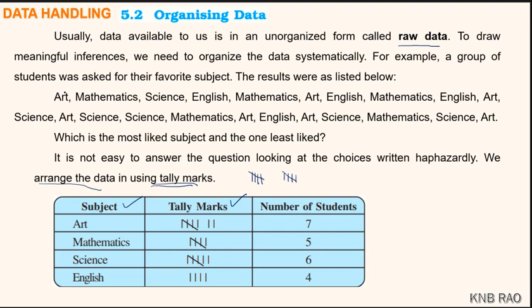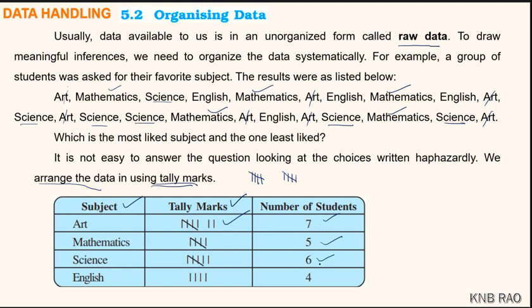Here art is liked by 1, 2, 3, 4, 5, 6, 7. So total 7 tally marks I made. I got the number of students liking art as 7. Similarly for mathematics, 1, 2, 3, 4, 5. So 5 students like mathematics. When it comes to science, 1, 2, 3, 4, 5, 6.